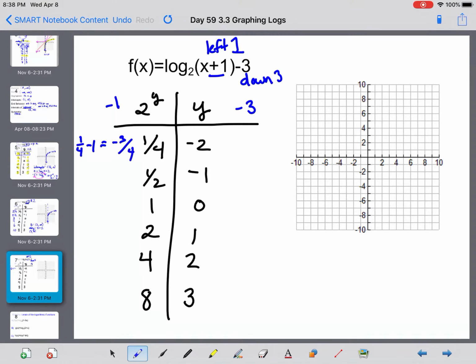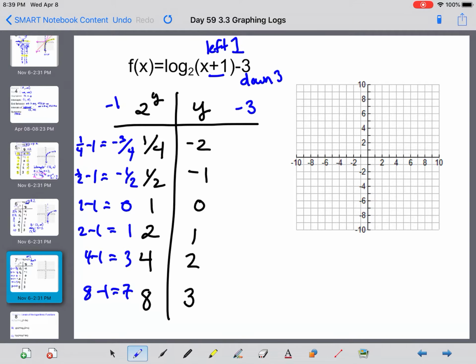So this will be -3/4, and this will be 1/2 minus 1, and 1 minus 1, and 2 minus 1, 4 minus 1, and 8 minus 1. So there's my new x coordinates.